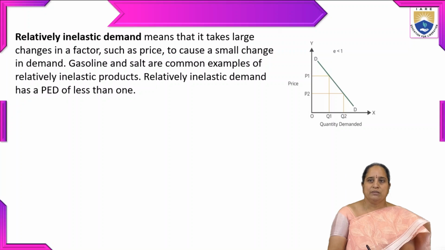Whatever the changes in any factor, like price, because these products are commonly used by everyone, we should not see much difference. So whatever change took place because of the change in price is very low. That is the reason the coefficient of relatively inelastic demand is always less than 1.